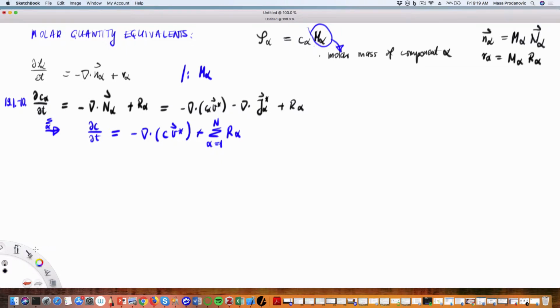So basically, there's another way to express this one, that is more common for computation. Typically, we actually compute omega alpha, not necessarily rho alpha.